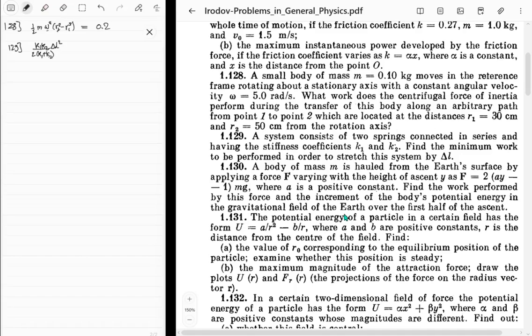A y minus 1 times mg. So A is positive. So as your y increases, this force also increases, right? But that would mean that as we go up, in the end, it just flies up physically.